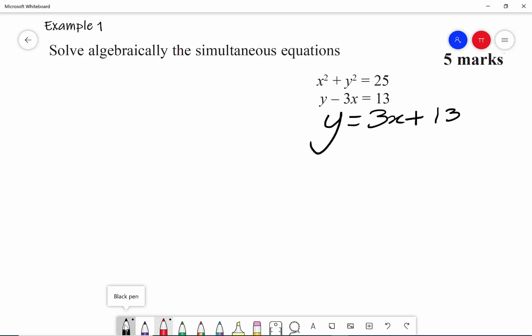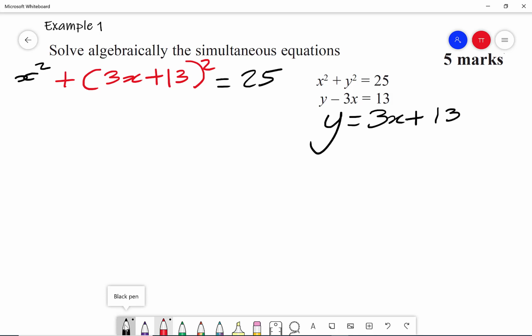Now that I've got that, I'm going to take y and substitute it into the first equation. So I've got x squared, and now I'm going to write y in red, which is plus 3x plus 13, and I'm going to square this, and that's going to be equal to 25.